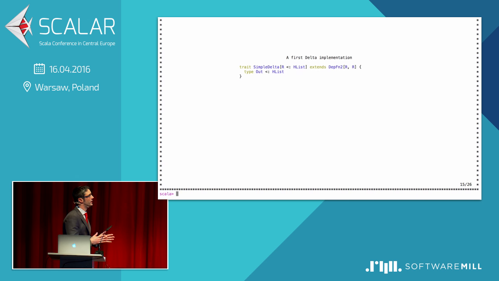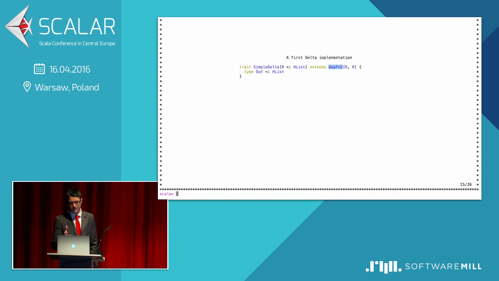So now we implement our Delta. First we are creating a type class here. In Shapeless there is a supertrait called DepFn, which has multiple declinations: DepFn0, DepFn1, DepFn2. That stands for dependent function.